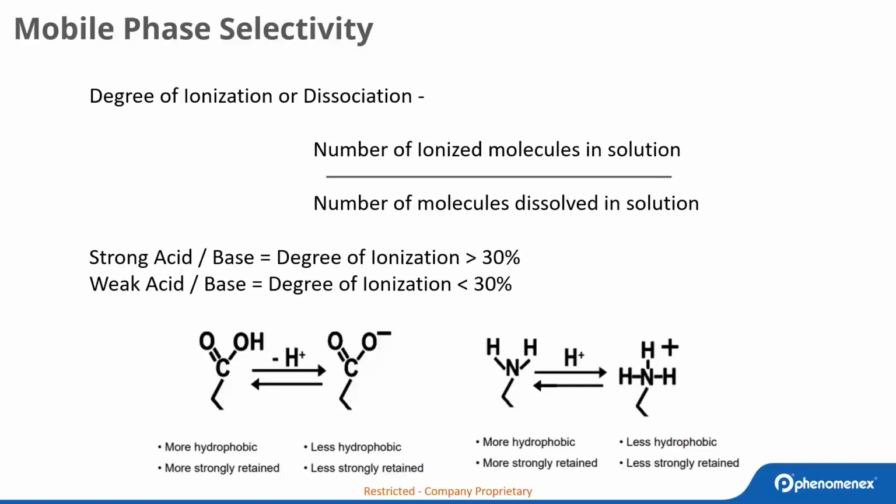That comes with the concept of degree of ionization or dissociation. The higher the degree of ionization, the stronger the acid or base. Analyte ionization is indicated by pKa or pKb values, and therefore the stronger the acid, the smaller its pKa value will be, and the stronger the base, the larger you would expect the pKa value to be.